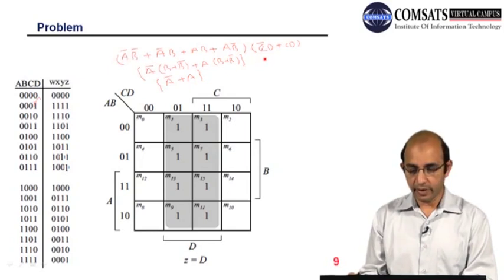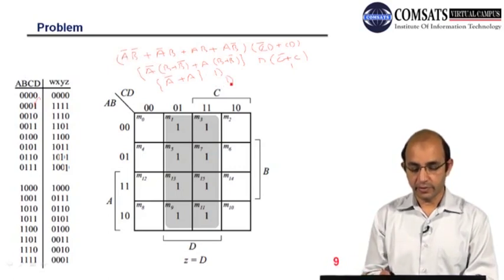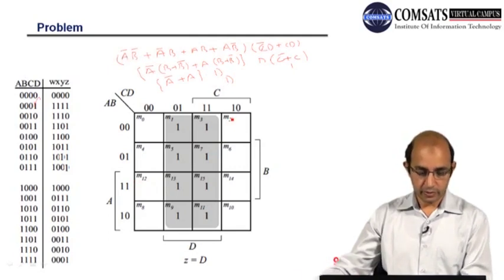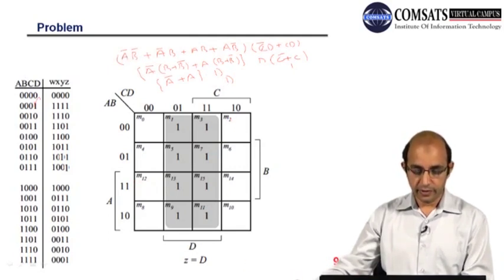So from here I can take D common, so I will be having C bar plus C, so this will be 1. So I will have to multiply this with D. So A plus A bar is 1, so I will be having D only, right. So we have the D only as a result of this quad, so this is the solution of the problem, right.